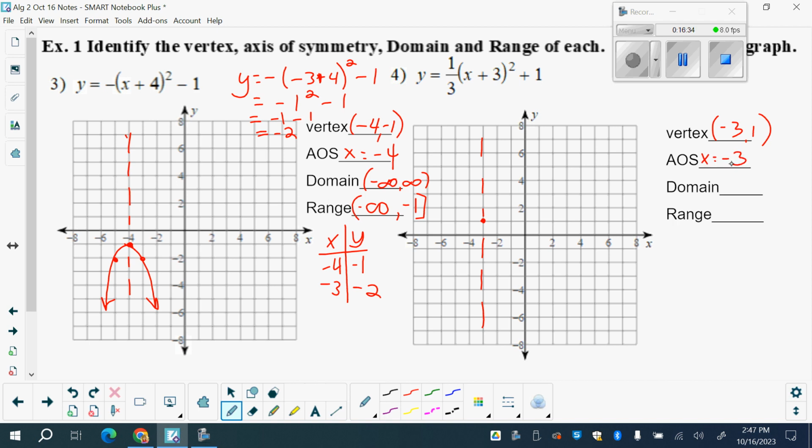And so now I want to pick a number that is close to -3, 1. So this time I've got a fraction, and I would prefer to avoid a fractional answer. So anybody have any idea what might be a good number to put inside there for the x? 0. What's your thinking?